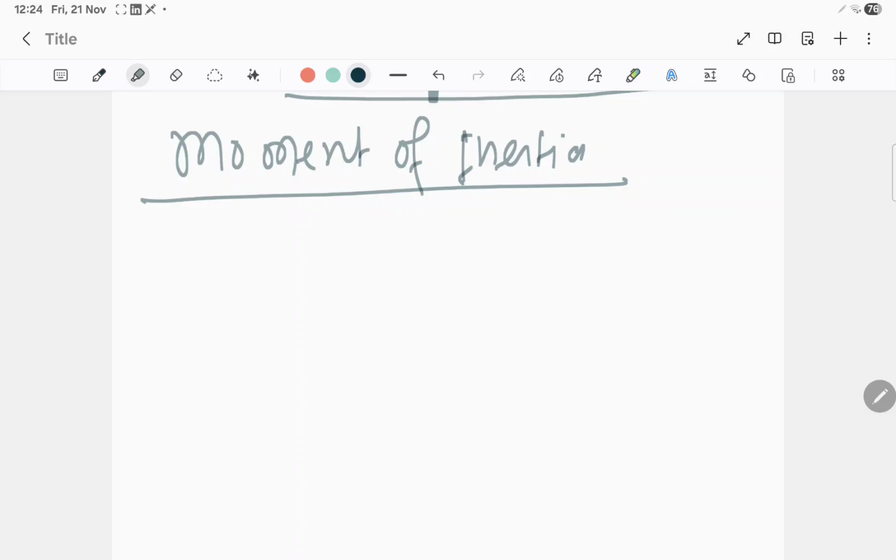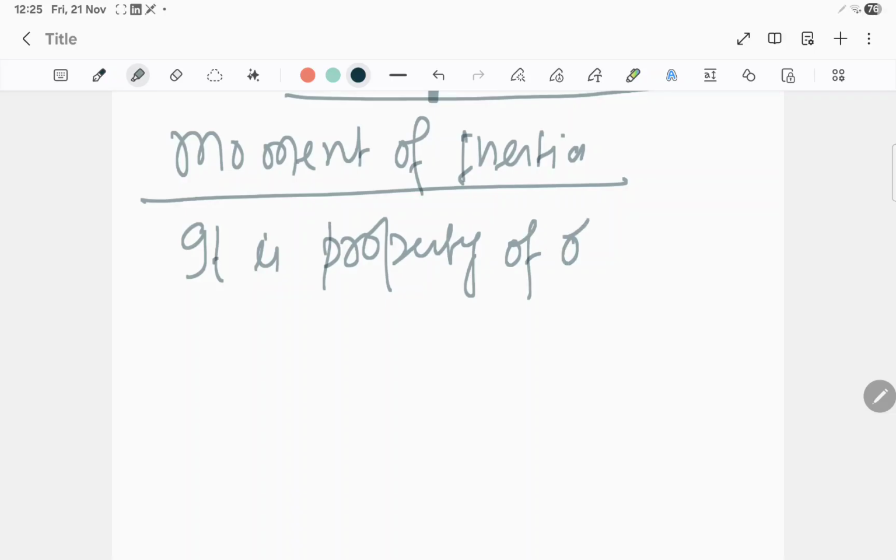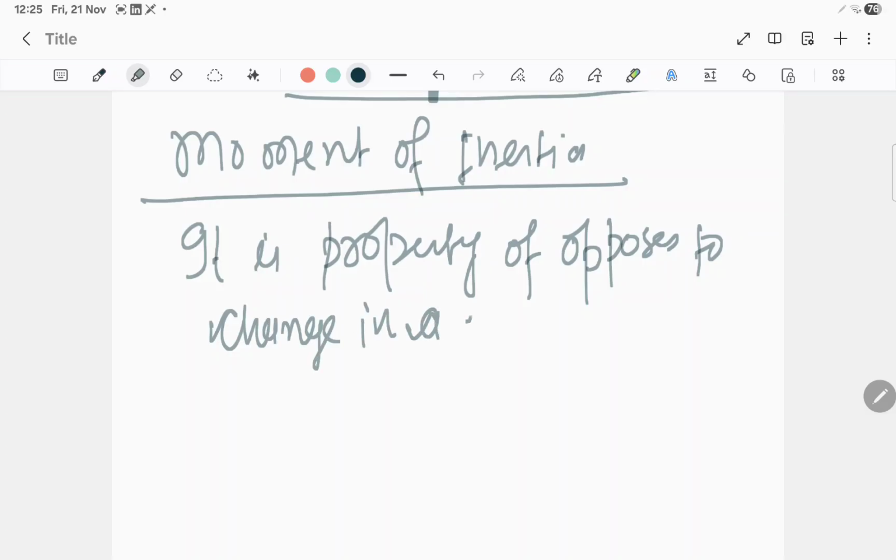So it is a property. What is this moment of inertia? It is a property that opposes change in angular motion.